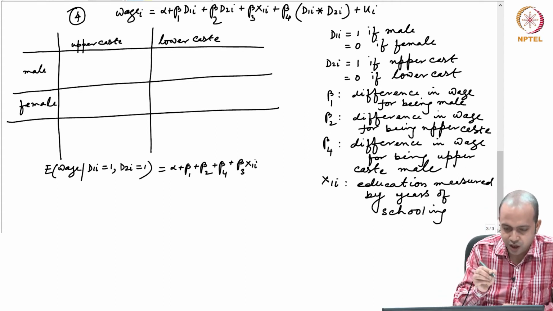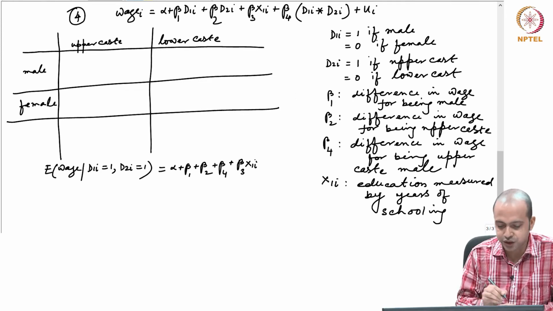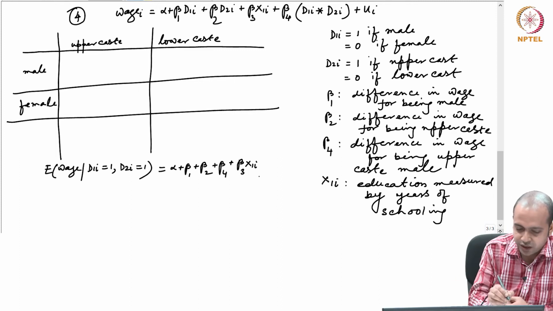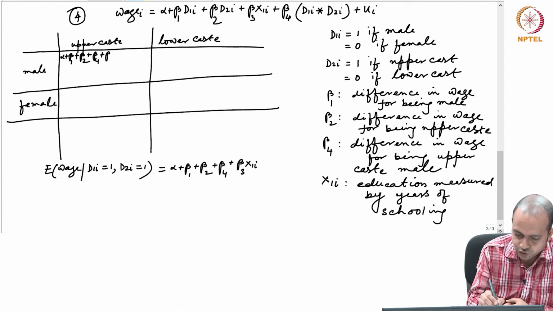This is the average wage for the upper caste male. The same thing I write here: alpha plus beta 1 plus beta 2 plus beta 4 plus beta 3 x1i.